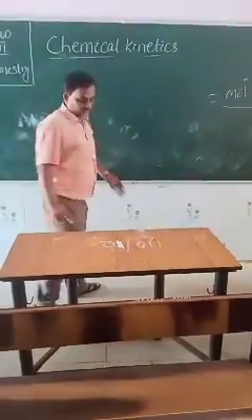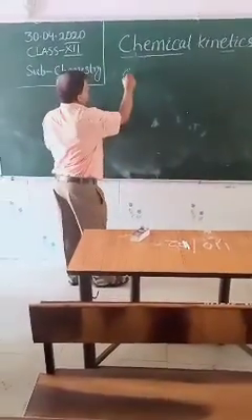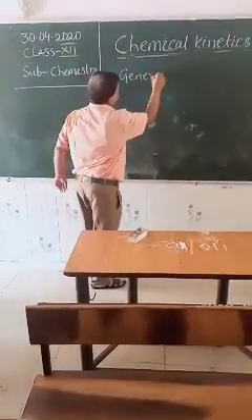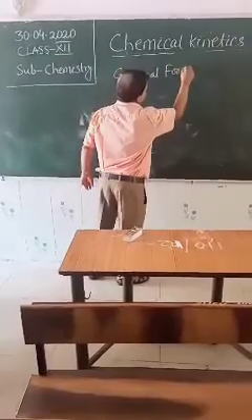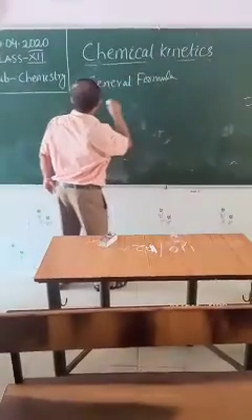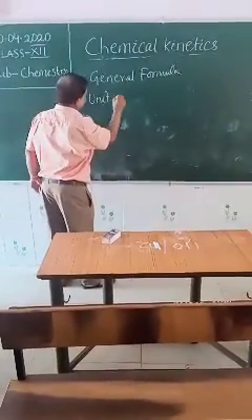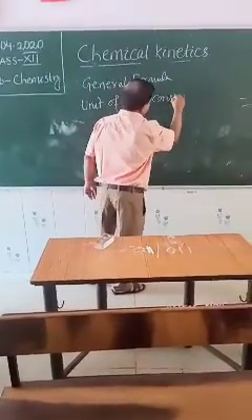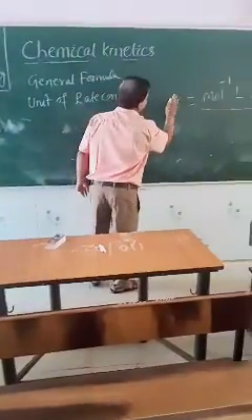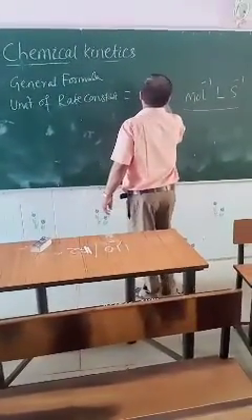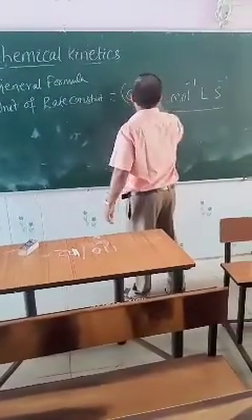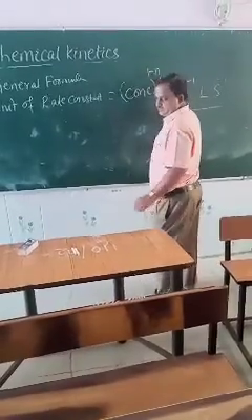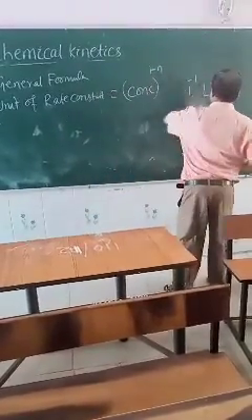So the general formula for unit of rate constant equal to concentration to the power 1 minus n, time inverse.